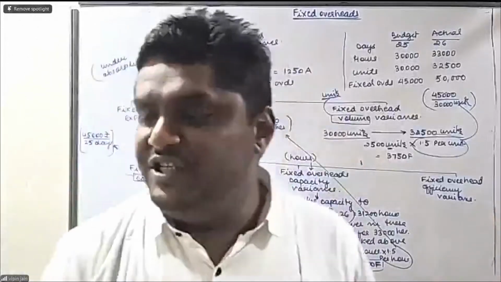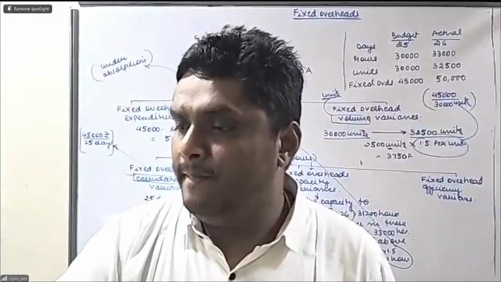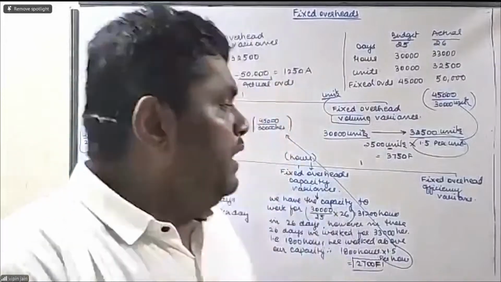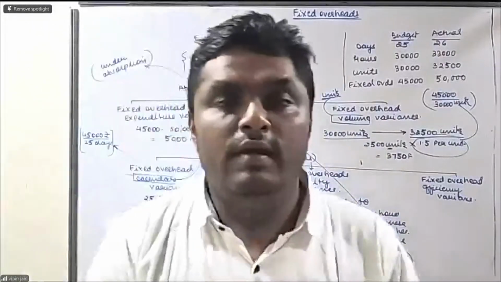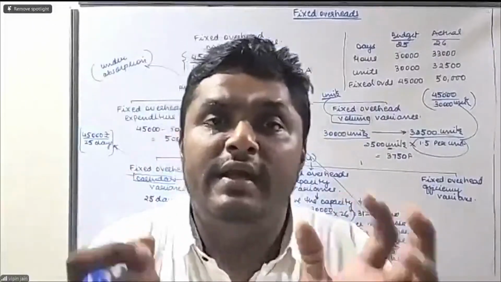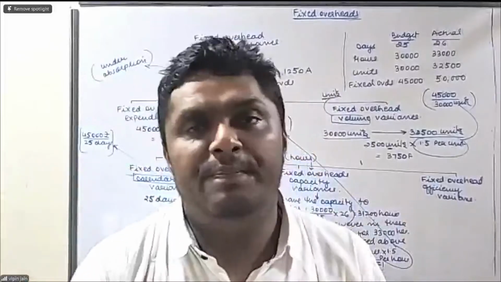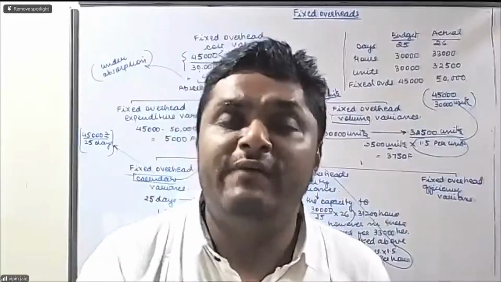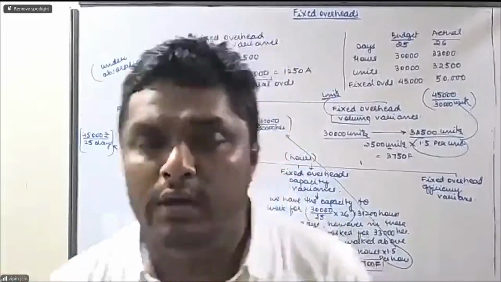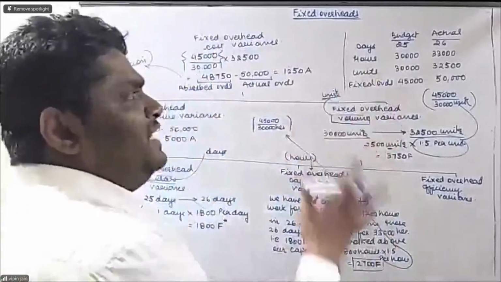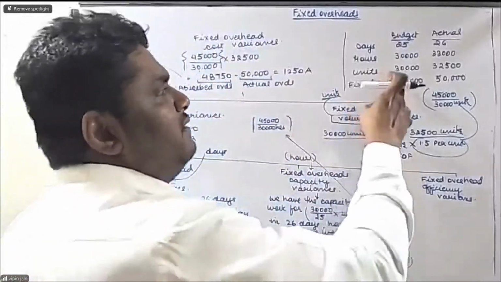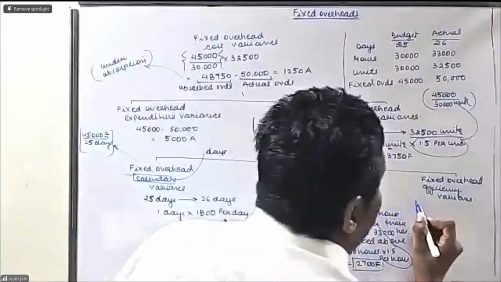Fixed overhead efficiency variance. Now when talking about efficiency, what does efficiency say? That the work should have been done in how many hours, and in how many hours we did it. So efficiency is very simple: whether we worked productively or not.